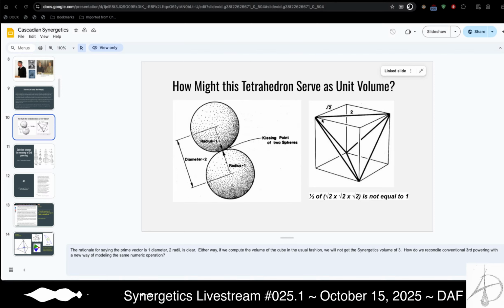And we can set that 2 to being the diagonal length here, and that gives us a root 2 for the non-hypotenuse edge of this situation. So that's the rationale for saying that the radius of the sphere is 1, because we're in a close-packed spherical geometry.